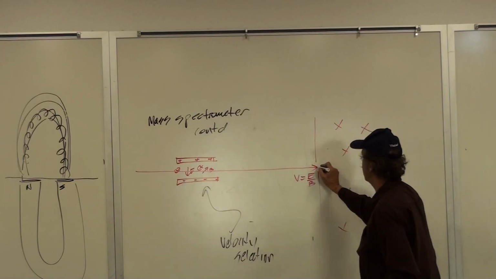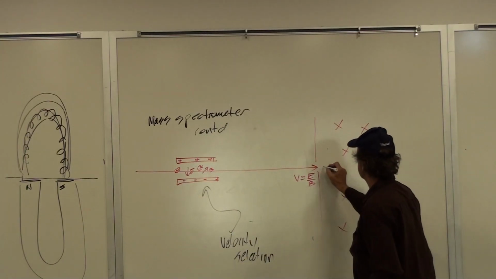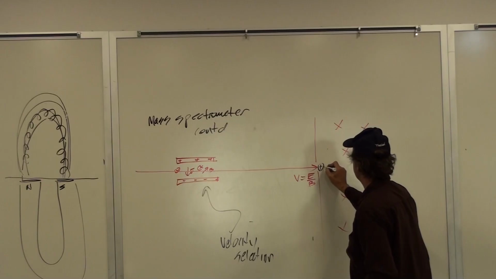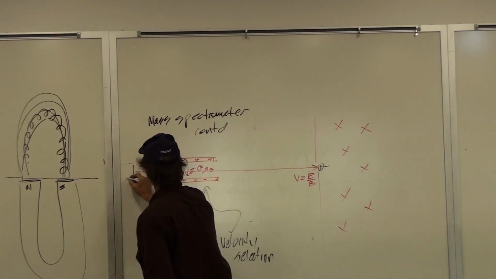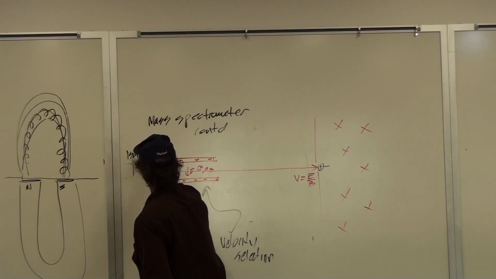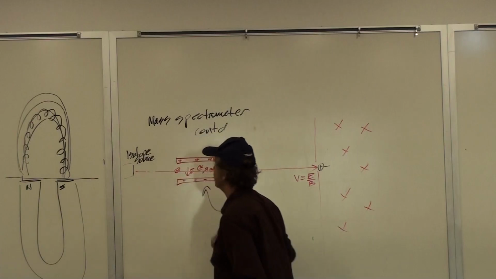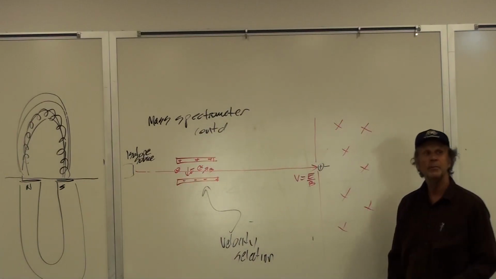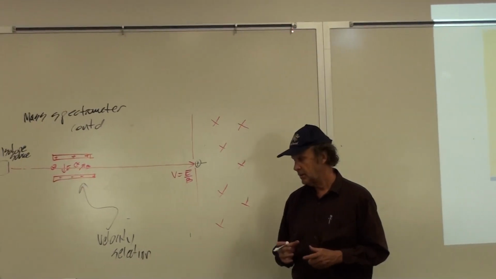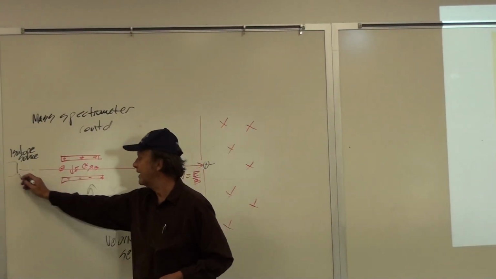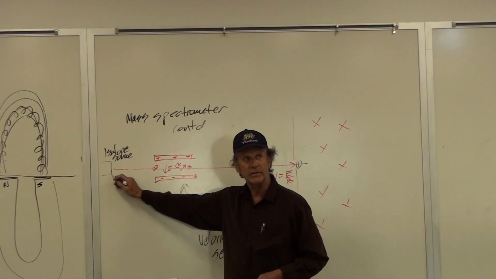So now we know what the velocity is, and when it goes into this region, let's say it's a positive ion. And this is an isotope source here. So this has a certain combination of heavy atoms that have more neutrons in them.